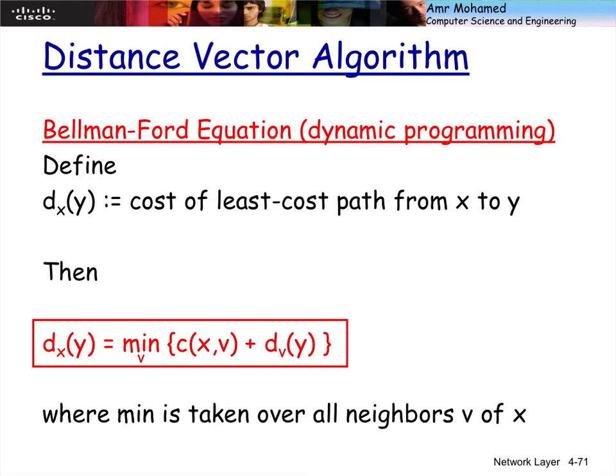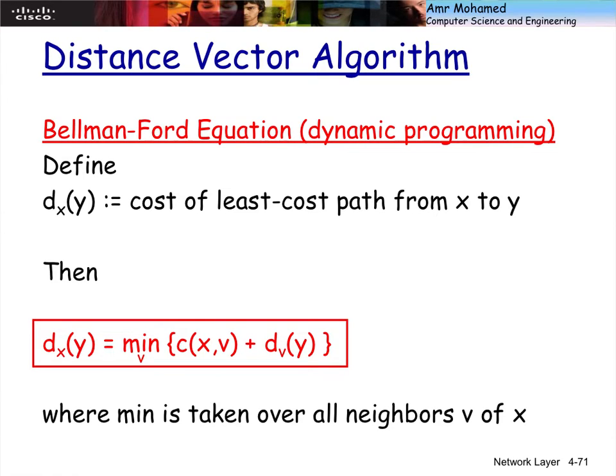So I need to calculate that distance based on the cost to the adjacent nodes plus the distance between the adjacent nodes and the final destination. Assuming I have this, I can calculate all the possible combinations and select the one that gives me the minimum cost or the minimum distance.